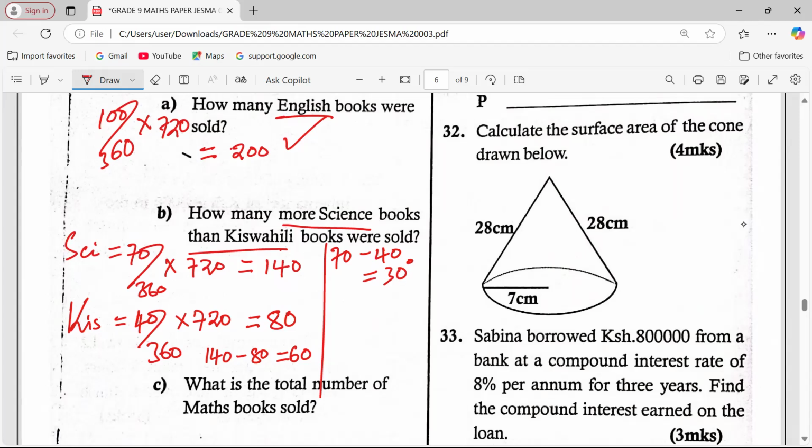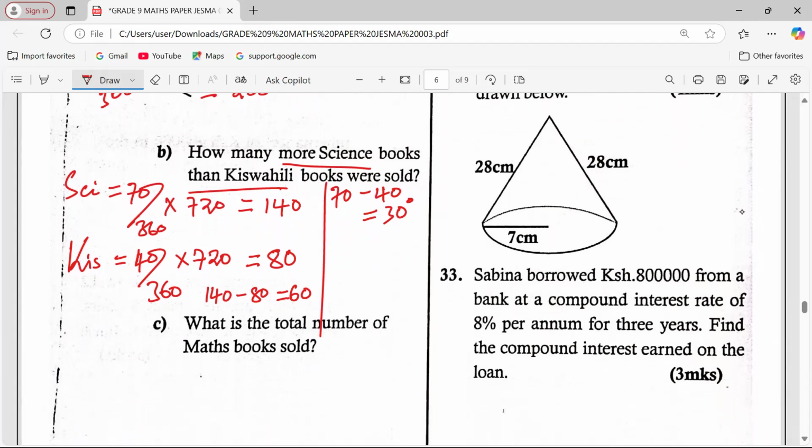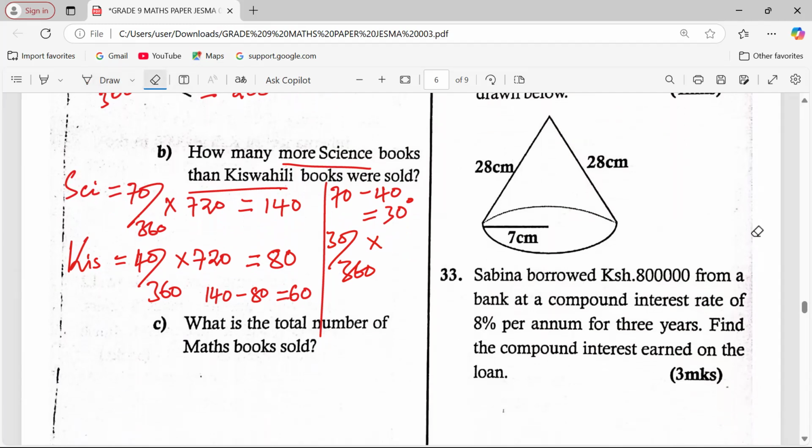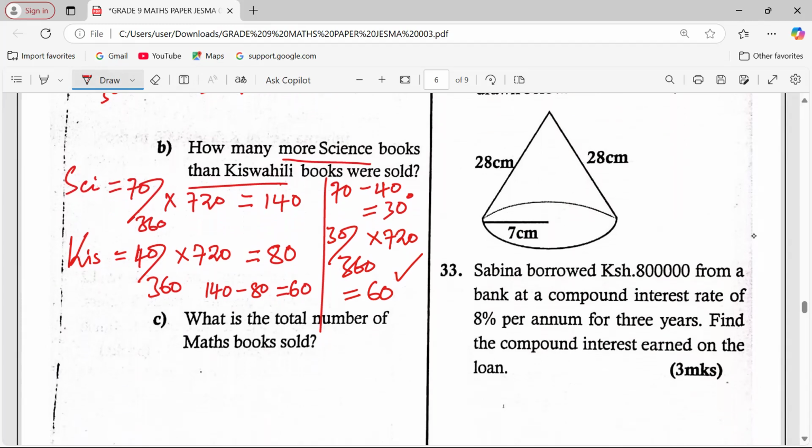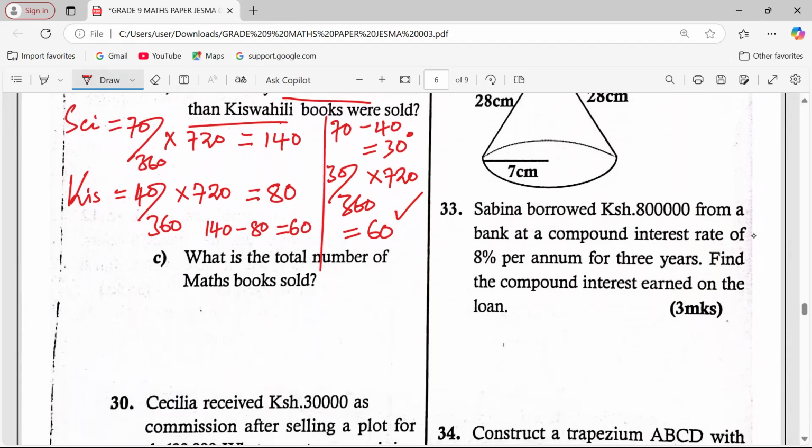And the difference in degrees will also represent the difference in the number proportionally. So 30 out of 360 multiplied by 720 books will give us directly 60 books. So the difference of 60 books can also be calculated that way.